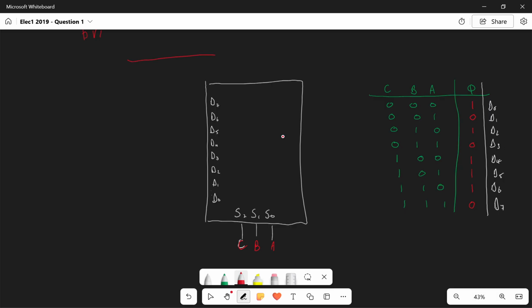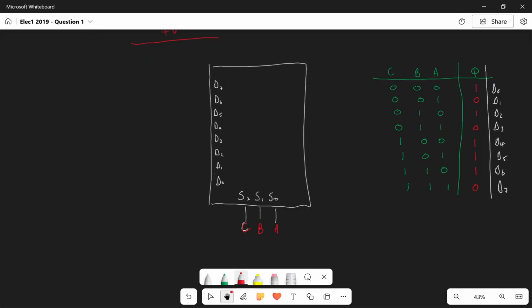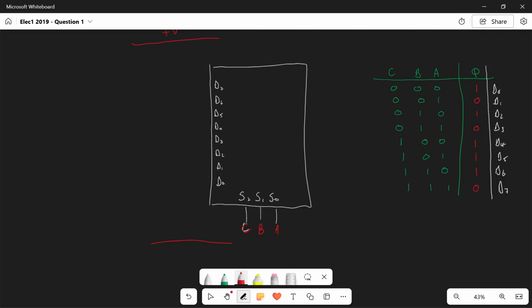We need to give a plus volt rail, and we're going to need to give a 0 volt rail. And what we do is we connect a line going up from the 0 volt rail, and we connect a line going down from the plus volt rail. And all we now need to do is to look back at our truth table and look at D0.